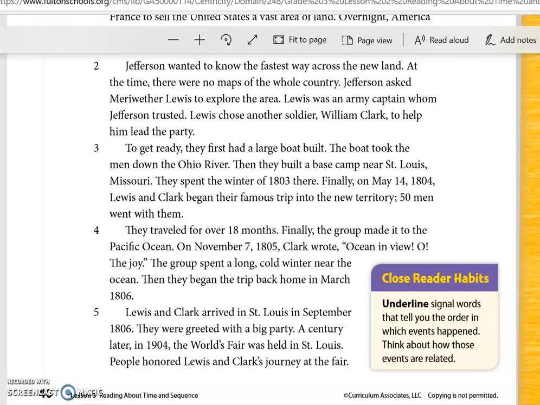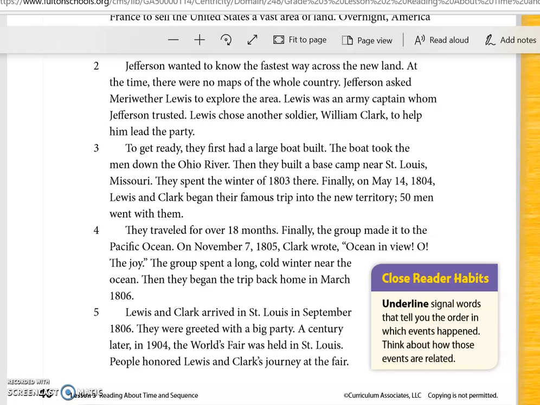Lewis and Clark arrived in St. Louis in September 1806. You should have underlined in March 1806 from paragraph 4 and September 1806 in paragraph 5. They were greeted with a big party.